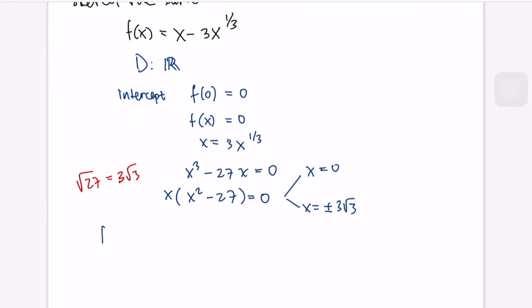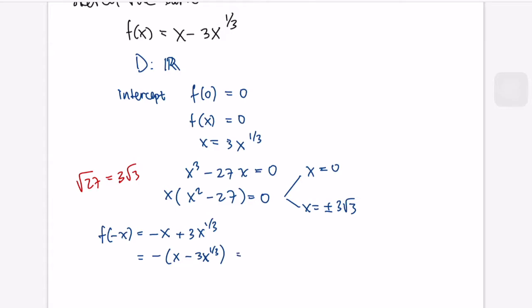We can also check the symmetry. Check whether it's an even or odd function. We will have f of negative x, and that will be the result.